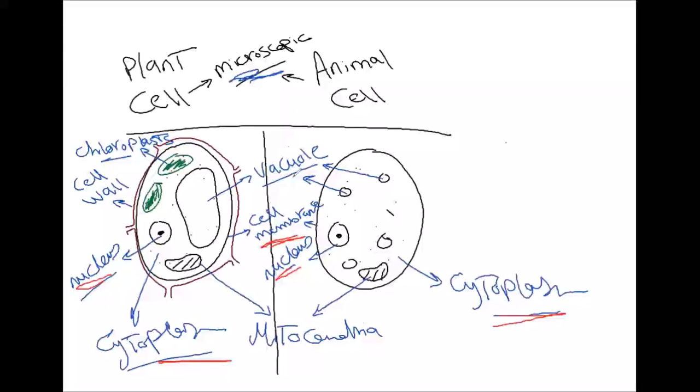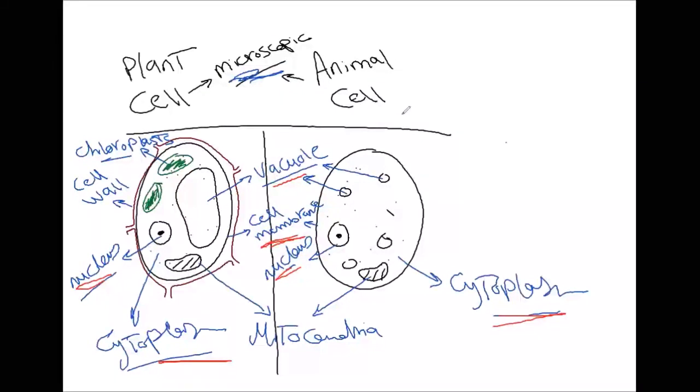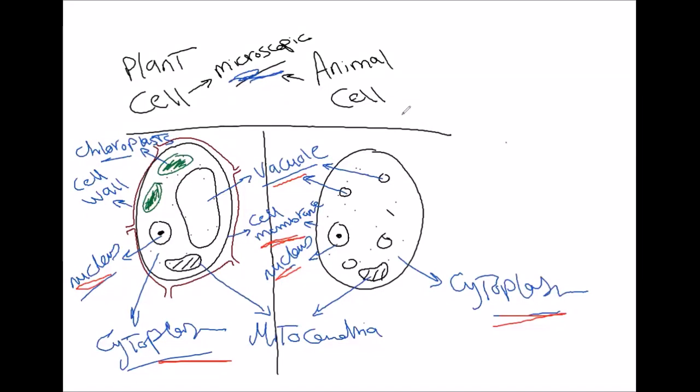Both of them have a vacuole, but it's different in shape. In plants, there is one big vacuole, but in animal cells we have many small vacuoles. The vacuole's job is to store food, water, and waste, just like a fridge in our home.